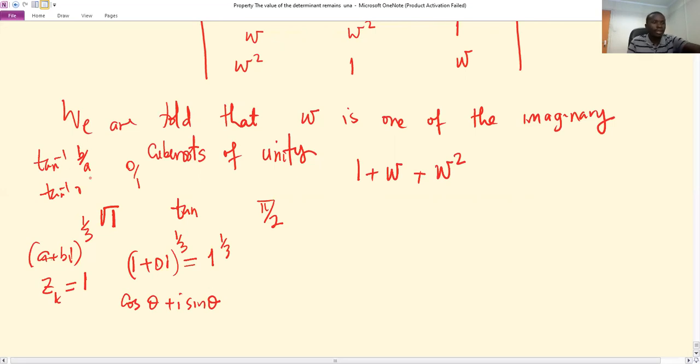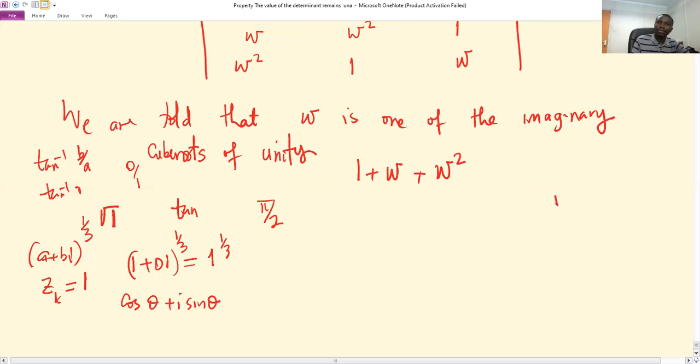So the angle which gives us tan to be 0, so tan inverse of 0 is 0.